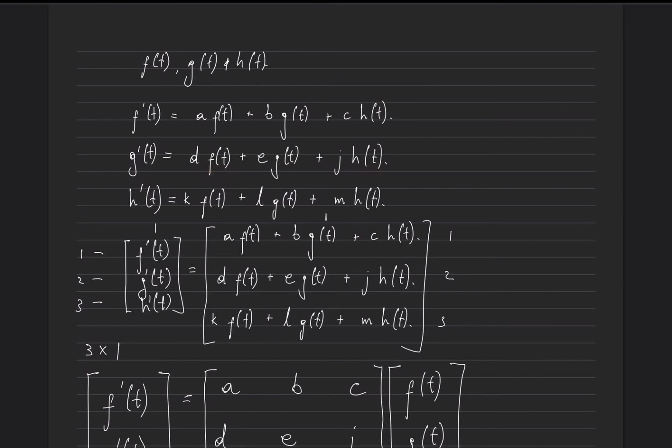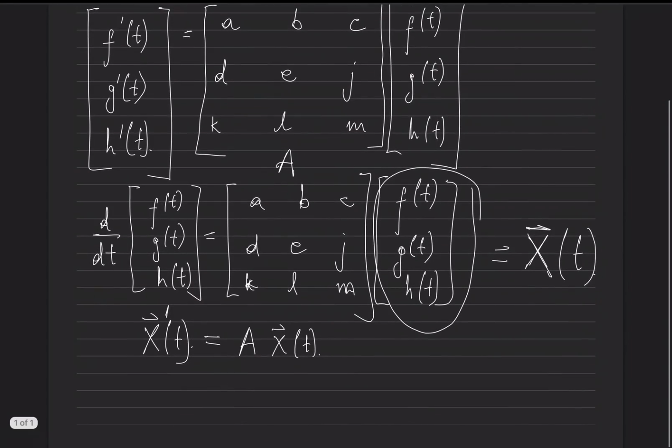But moreover, the derivative of h is also related to f and g. So this enables us to employ the trickery, if you like, or the methods of linear algebra in order to find solutions to this. So this is just to motivate where these kinds of equations come from and what they mean.